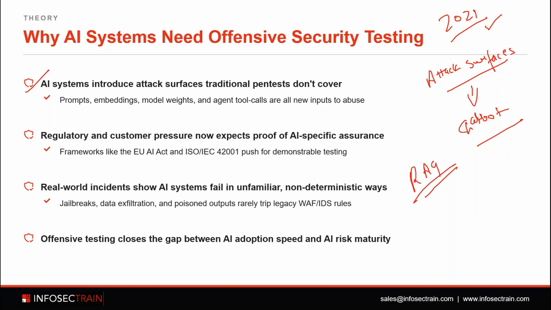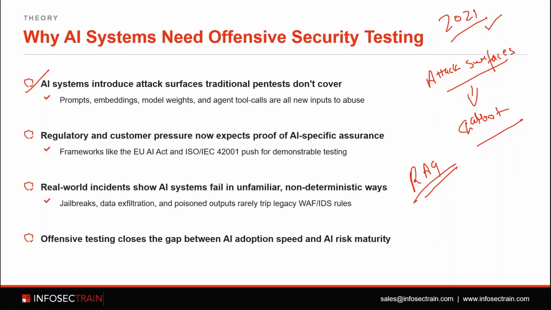And moreover, AI models are probabilistic rather than deterministic. So it means that their outputs can vary, making it harder to predict how they will respond to edge cases or malicious queries, right? So offensive testing uncovers these unpredictable behaviors, making sure that the safeguards, the filters, and the oversight mechanisms are robust enough to withstand manipulation.